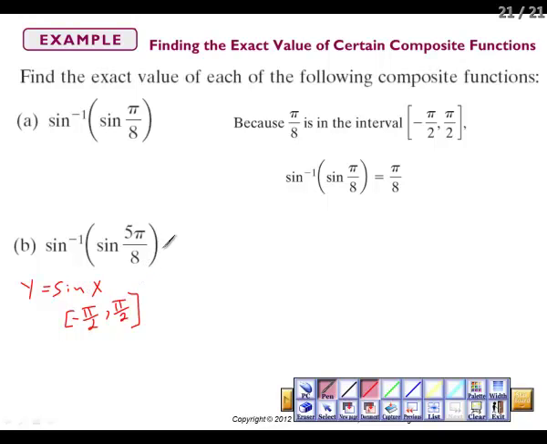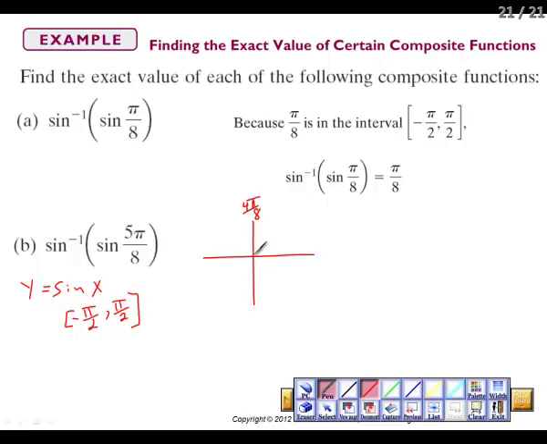Well, we're not, because 4 pi over 8 would be considered pi over 2. So we're outside the domain. Well, right now we're outside the domain. But here's 4 pi over 8, so that's the same as pi over 2.